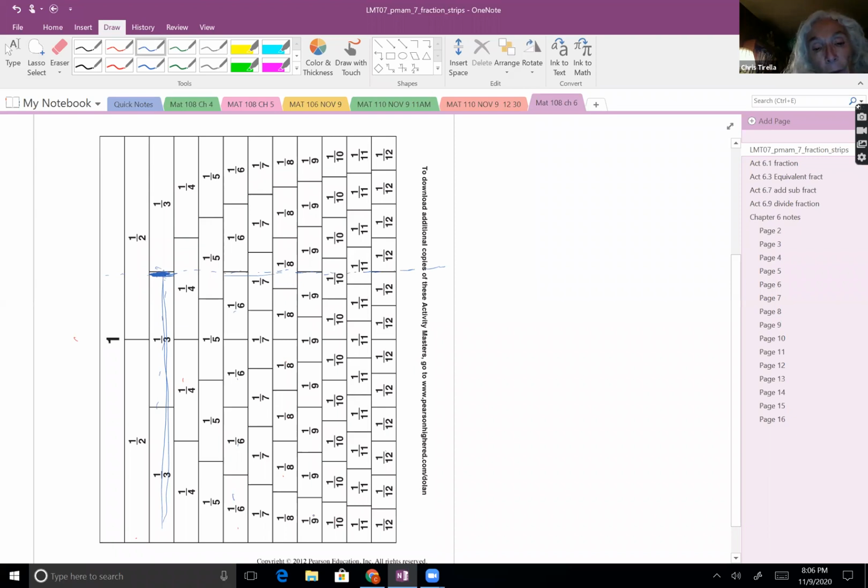Doesn't it line up with 1, 2, 3, 4, 5, 6/9? And doesn't it line up with 1, 2, 3, 4, 5, 6, 7, 8/12? And so by the fact that they all line up, couldn't I say that 2/3 is equivalent to 4/6, is equivalent to 6/9, is equivalent to 8/12? Because they all have the same length.